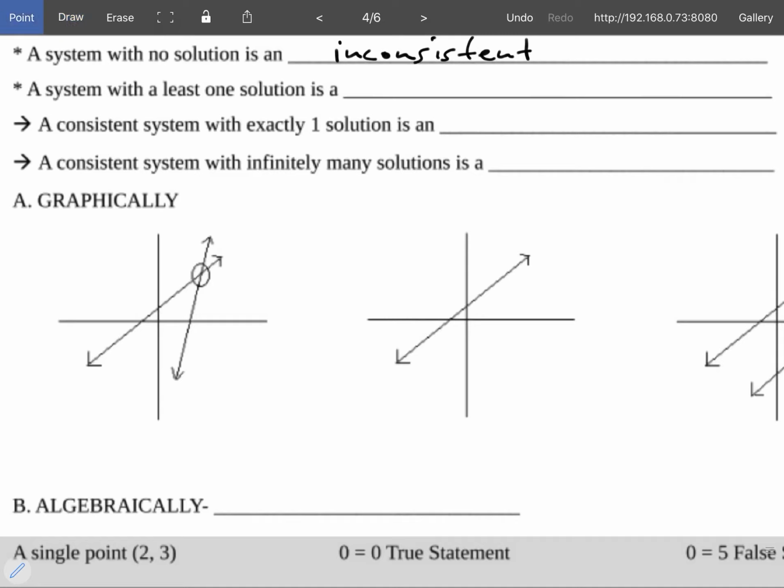Then the second asterisk, this is a system with at least one solution. So it could have either one solution or it could have infinitely many solutions. That is called consistent.